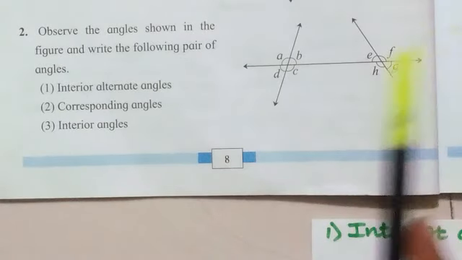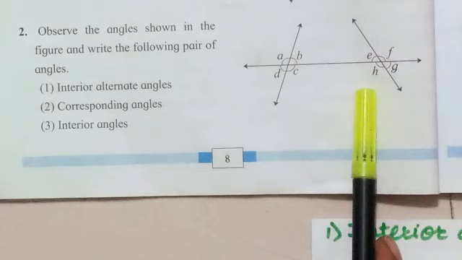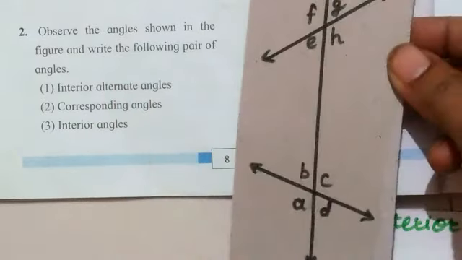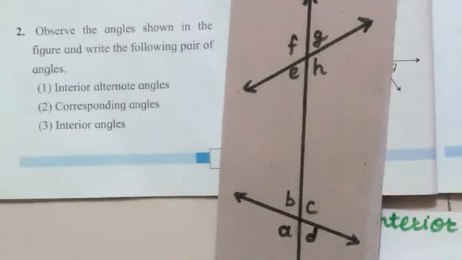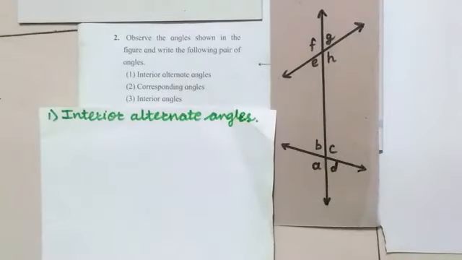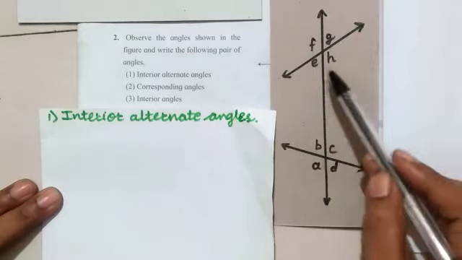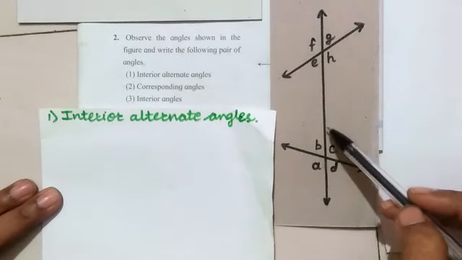It may happen that this diagram will confuse you. So for your understanding, you can convert this figure this way. So let's write the interior alternate angles. So these two are the interior alternate angles.